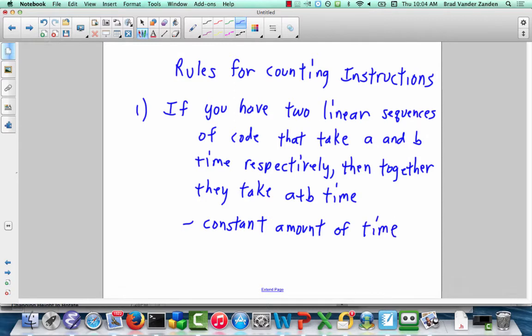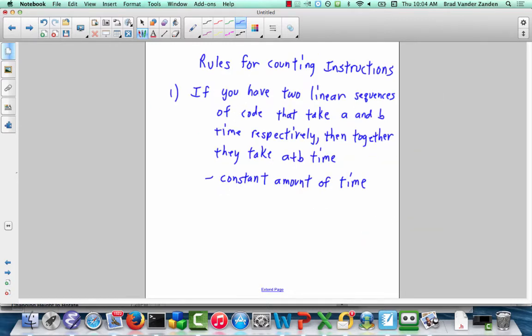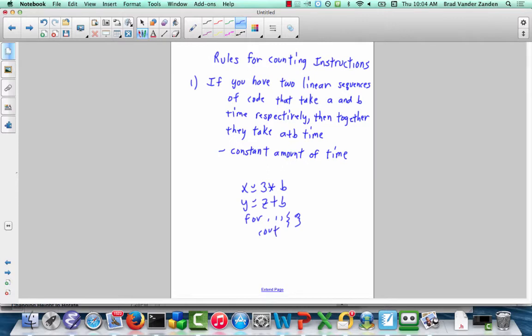If I just have two linear pieces of code, like say x equals 3 times b, y equals z plus b, and then I maybe have a loop, which we haven't done yet, and then after the loop I have, say, cout result, return 0. Then this is one instruction, this is one instruction, this is one instruction, so it's 2, this is 2, 2 plus 2 is 4.